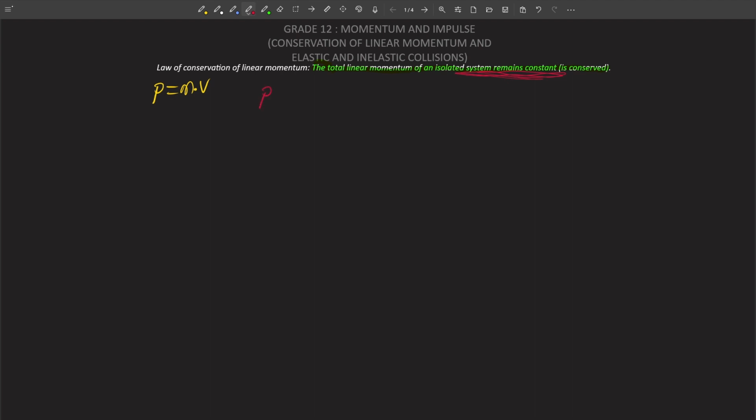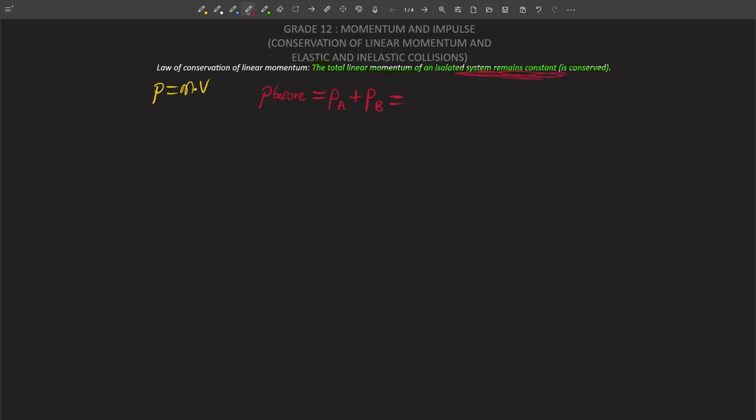We will have the momentum before collision. It's going to be the momentum of object A plus the momentum of object B. Here we are looking at the momentum of objects before they collide. That's why we consider the momentum of both objects.